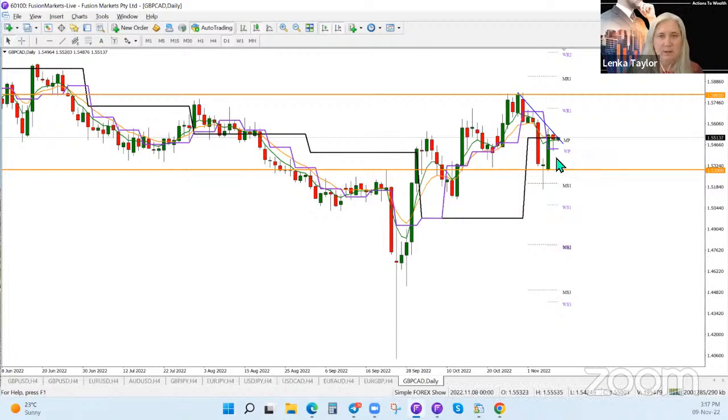So here, on the daily, we've had the pushback from the bottom. So momentum looks like it would be pushing up. And we have an inside bar. So price action above that would suggest that price is going to go to the top of the range.